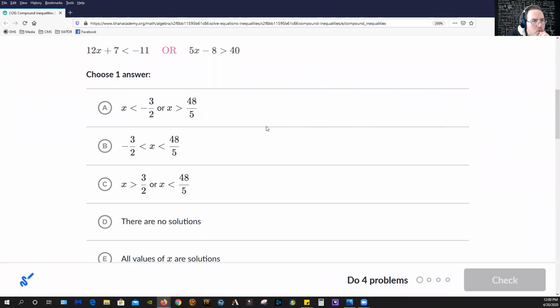We're given two inequalities at the top and then a bunch of stuff. Well, my instinct here is to write down, okay, I've got this inequality and I've got this inequality. So let me just go ahead and try the first one.